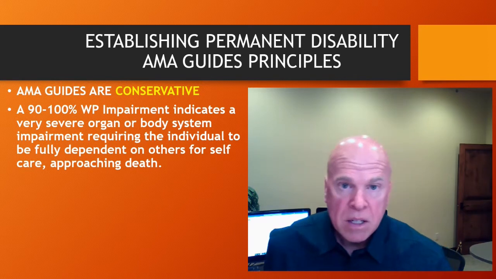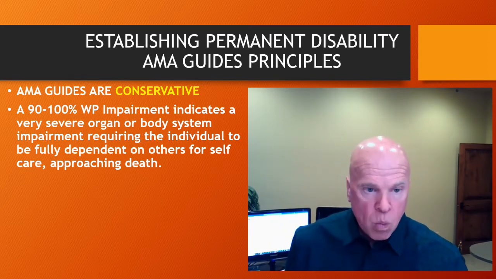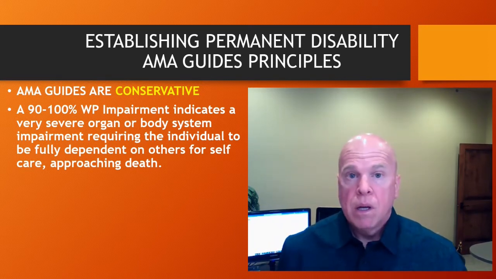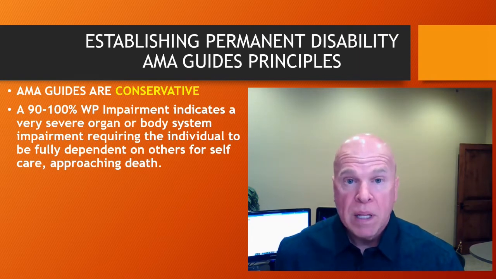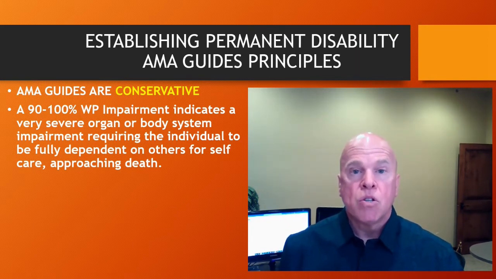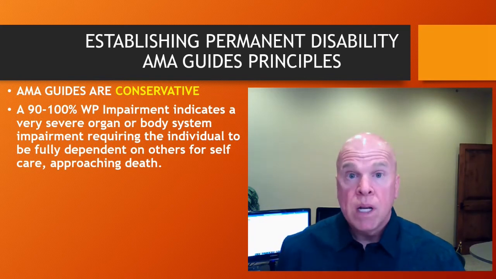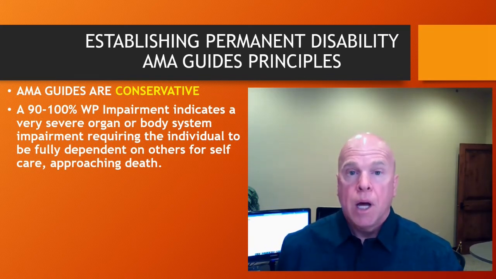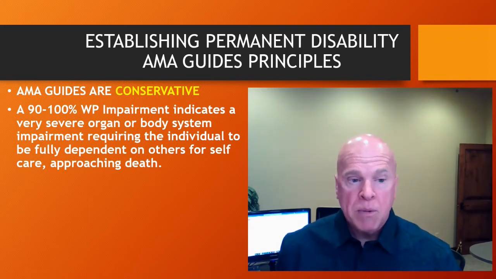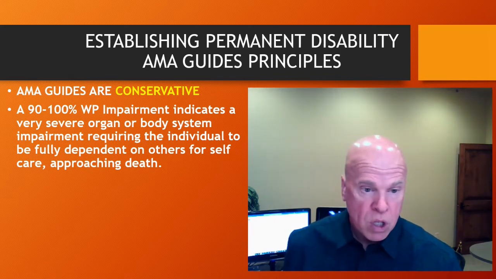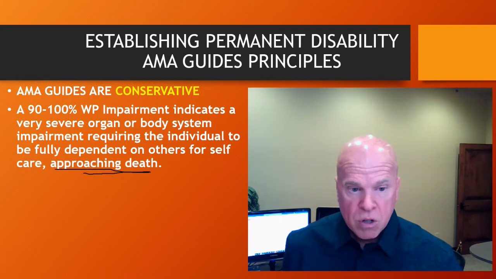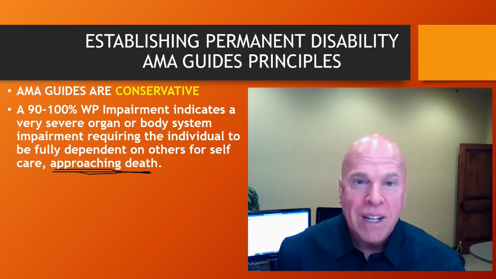So with regards to activities of daily living, a 90 to 100% whole person impairment describes an examinee, and you can picture this in your mind, who has no capacity for performing their own activities of daily living. This is a person that would be bedridden, perhaps on life support, certainly incontinent, perhaps receiving tube feeding, perhaps receiving artificial respiration, etc. This is a person approaching death. So death is on the one end of the spectrum.